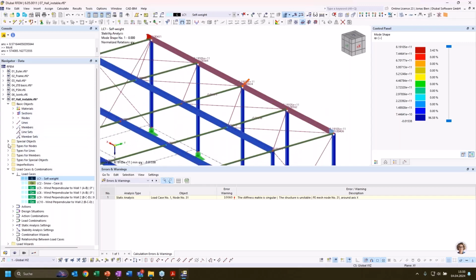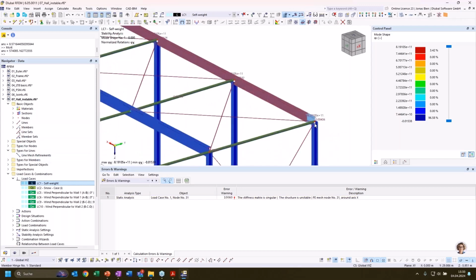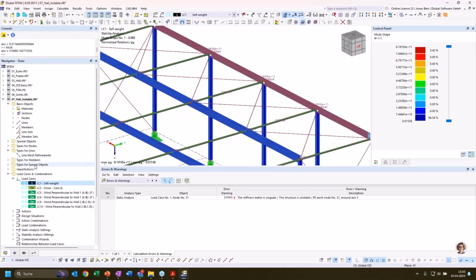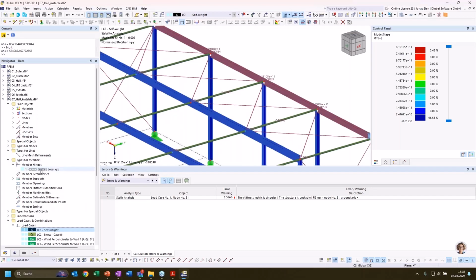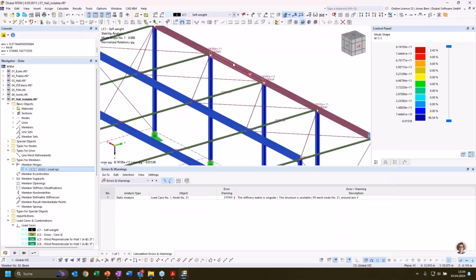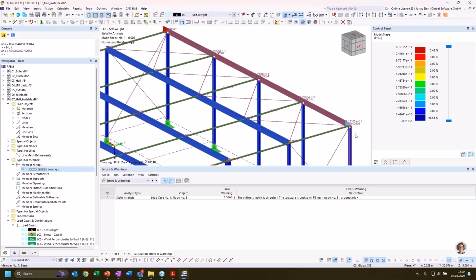And if I look into the connection definition, I see that I have a hinge on every column end, and I defined this hinge with all the rotations set free in all 3 axes, which means, of course, this member can freely rotate at the top.